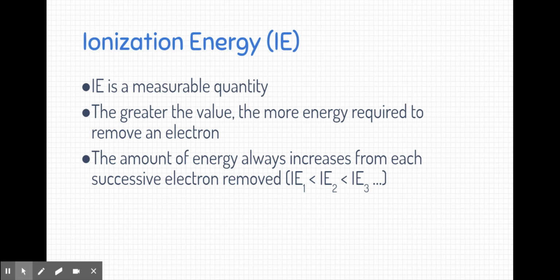So IE2 is going from a 1+ ion to a 2+ ion, and that's going to be less than the energy required to remove the third electron. Every time you try to remove another electron, making the ion more and more positively charged, it takes more and more energy to do that.